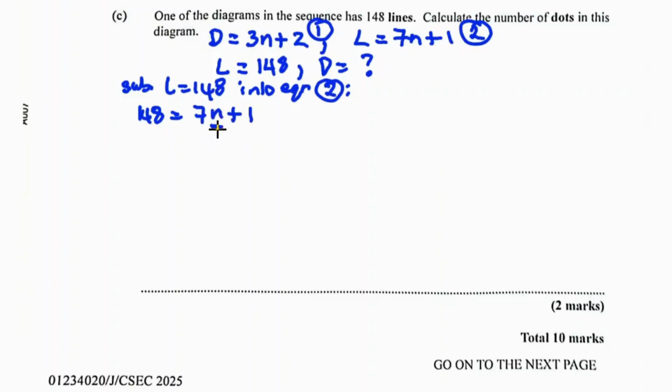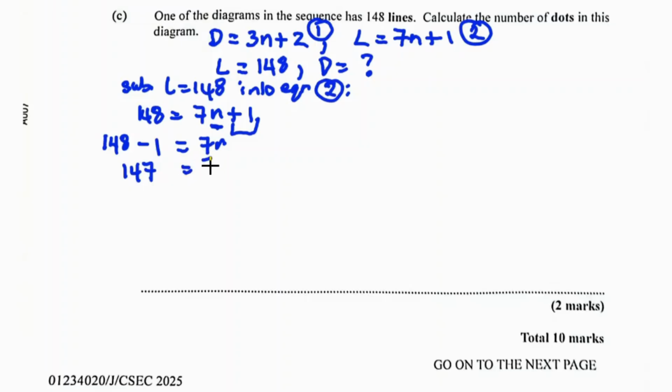So we'll start first with finding n. So how do we do that? We need to move everything that's not n over to the other side of the equation. So we're going to start with plus 1, and because we're adding 1, when we move it to the other side of the equation, we are going to be minusing 1. So that is equal to 7n, and of course that simplifies to 147.